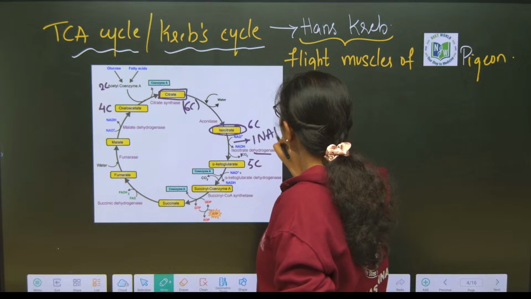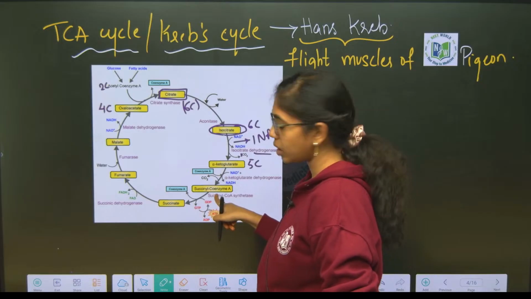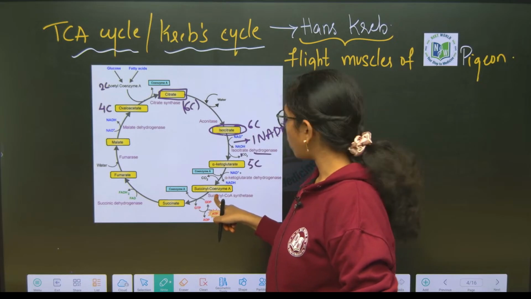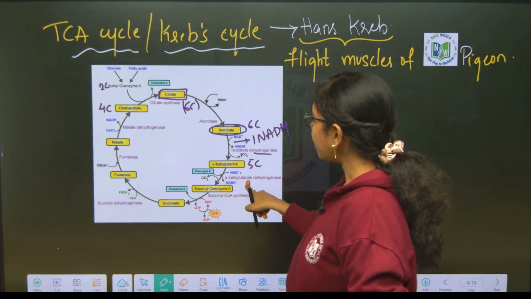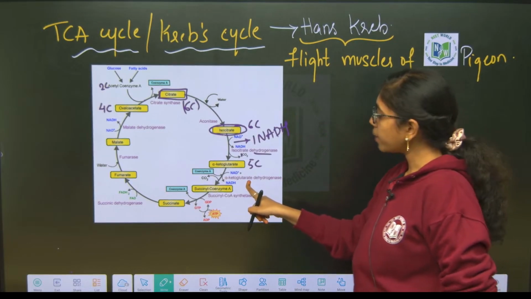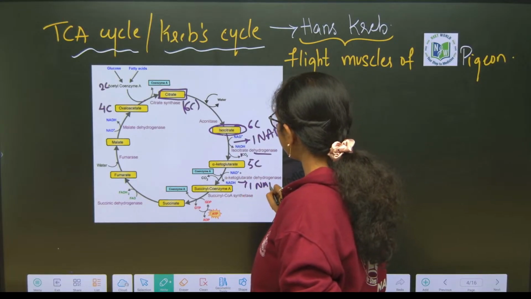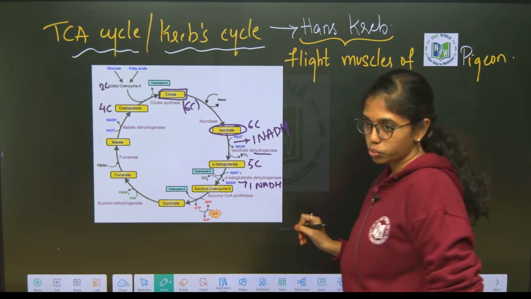Now, this alpha ketoglutarate again gets decarboxylated to succinyl coenzyme A by the enzyme alpha ketoglutarate dehydrogenase. Here also 1 NADH will be released at this step as well.